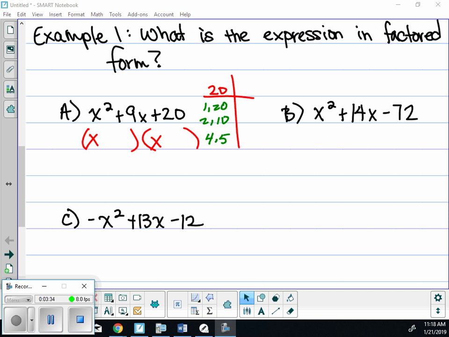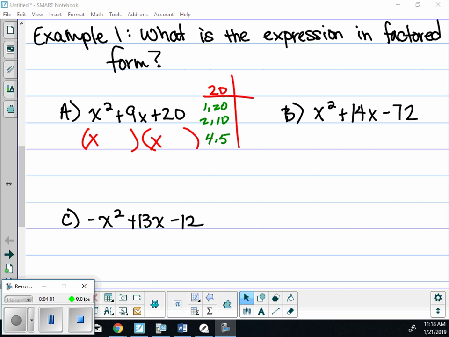Okay. Now, I want you to think about the sign right here in front of our last number. Is it positive or negative? In this case, 20 has a positive sign, it means that our two numbers are both going to be the same sign.